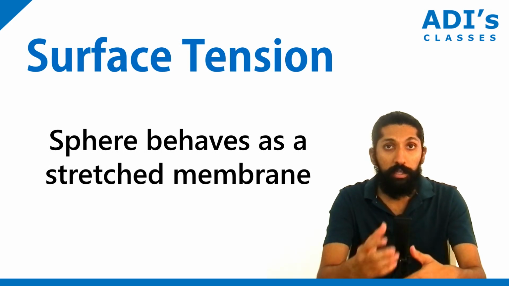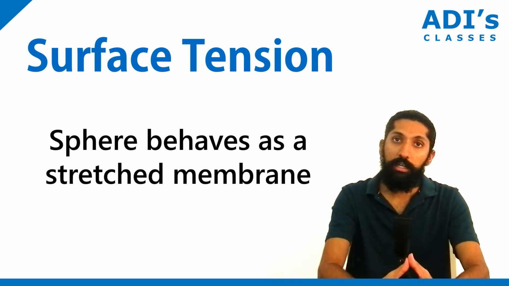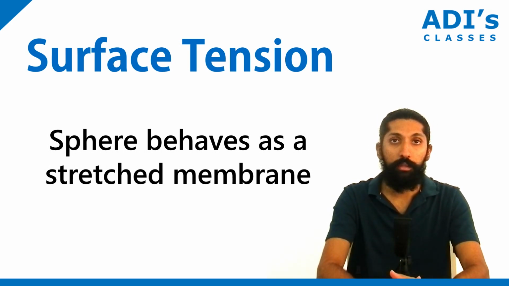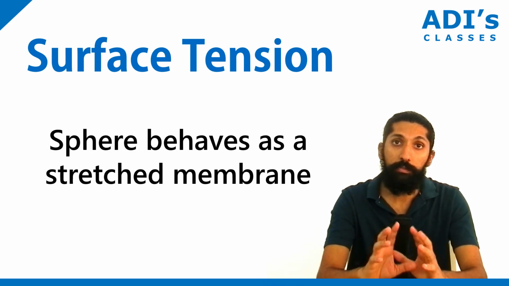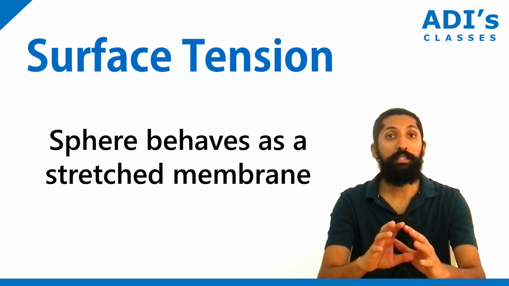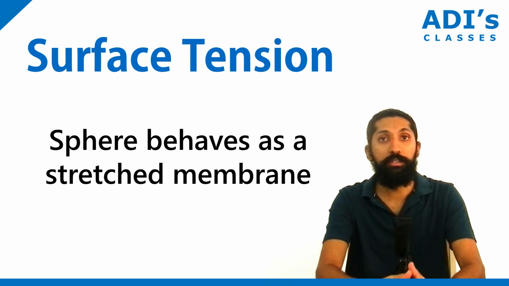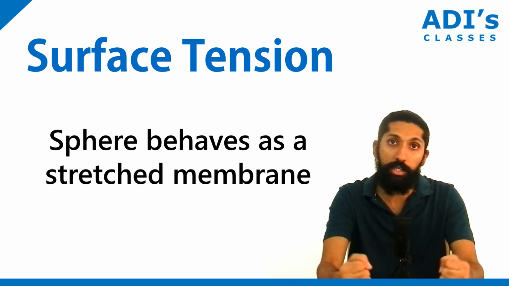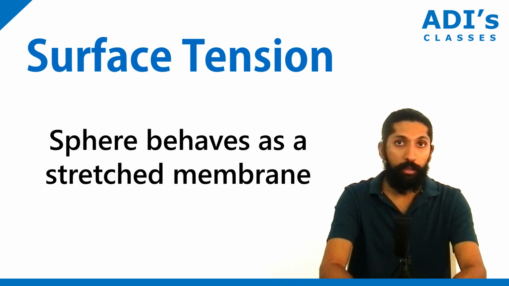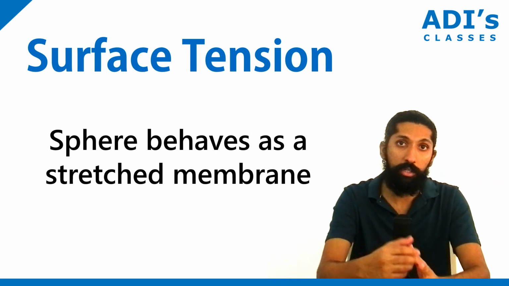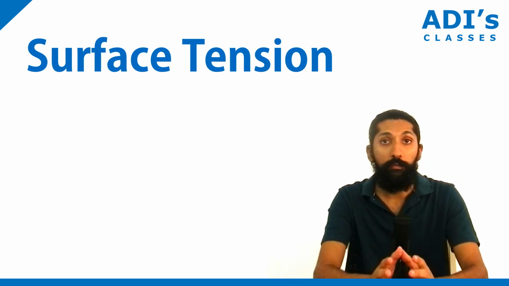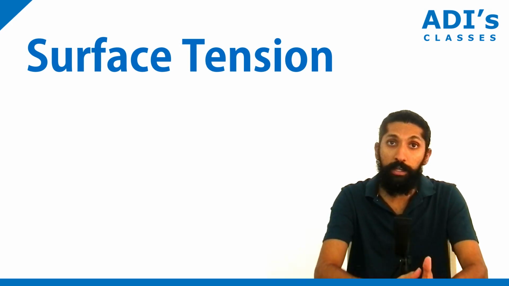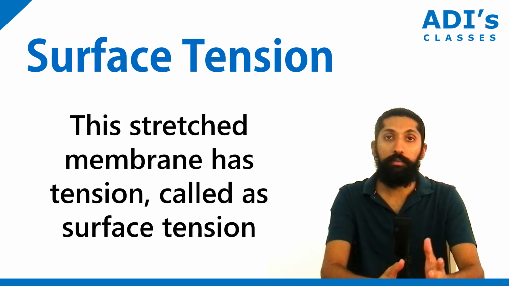Now, a spherical object, or any body having volume, when it becomes a spherical structure, the surface of that spherical structure appears to be stretched. Now, this membrane has a tension, correct? This membrane, which has a tension, we call surface tension.